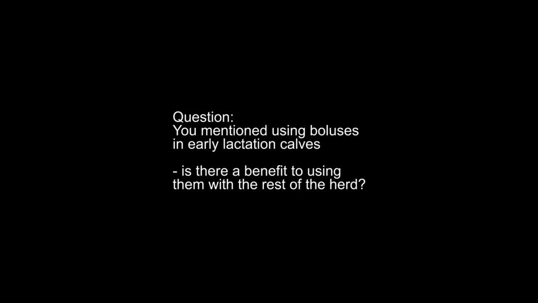Well, the chief risk period for acidosis problems and nutritional problems is the first half of lactation. So I think we'd like to put the boluses into cows just before calving so we can manage the transition diet, and then you've got your 150 days, which takes you well on into mid-lactation.